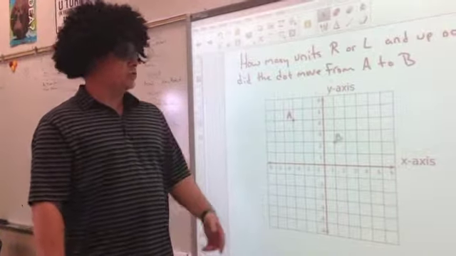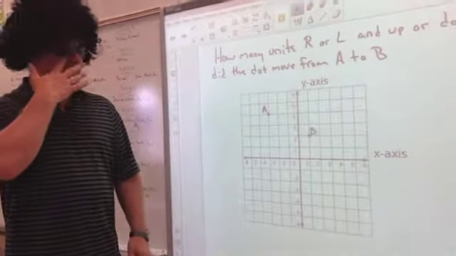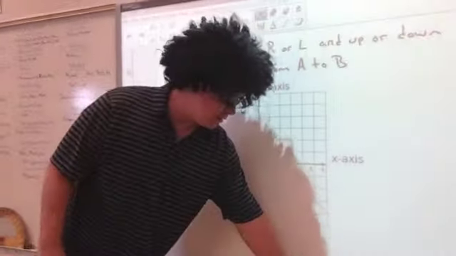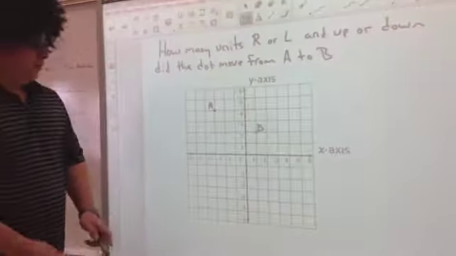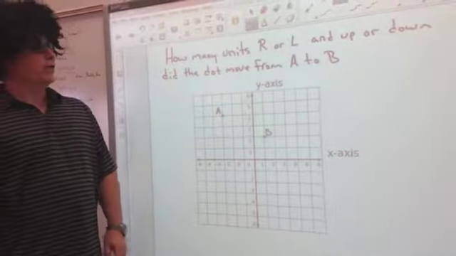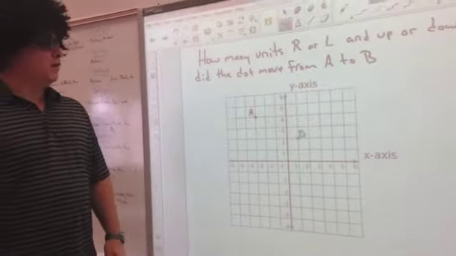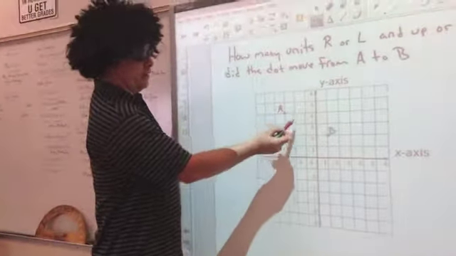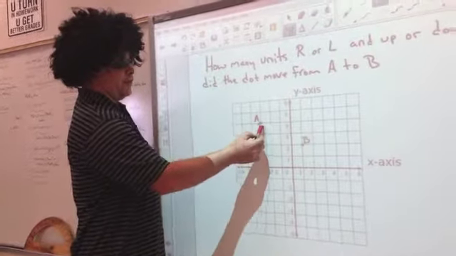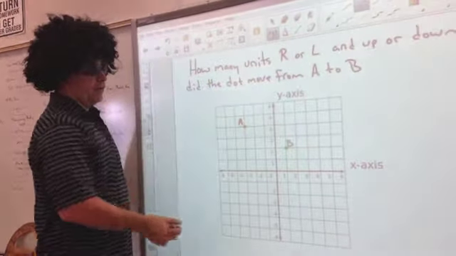Let's see what happens when we show it with the Cartesian plane now, and we get into negatives and all that kind of stuff that we talked about last week. Here it says how many units right or left and up or down did the dot move from A to B. So we went from A down to B. So we have to figure out how far did it go to the right and how far did it go up or down.